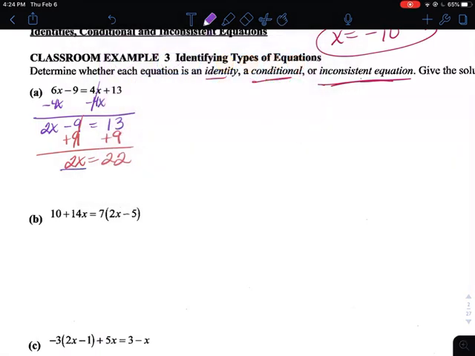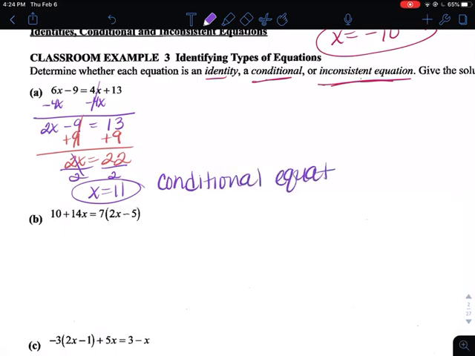And then when I divide both sides by 2, I get x equals 11. Because I actually get a number, my final answer is x equals 11. These types of equations that we run into most often are called conditional equations. So this is a conditional equation.